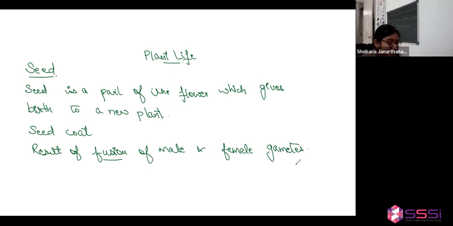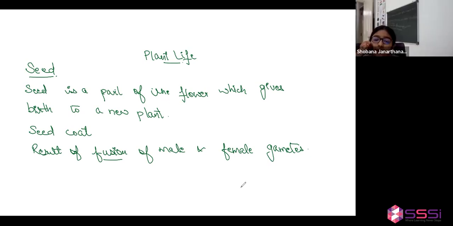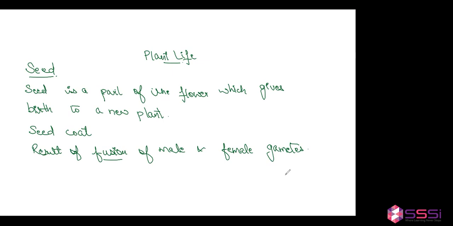Ma'am, what is gametes? Gametes are the male and female reproductive organs of a flower. Like our mom and dad give birth to us, a male and female plant give birth to a new plant, a new seed.